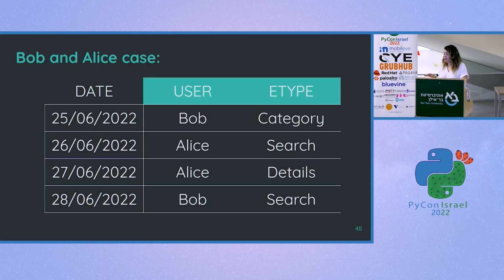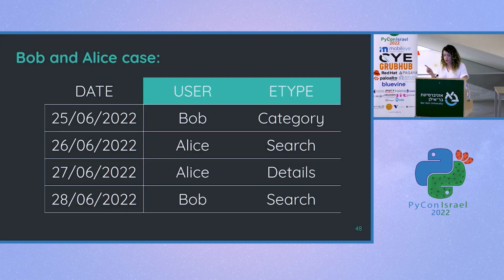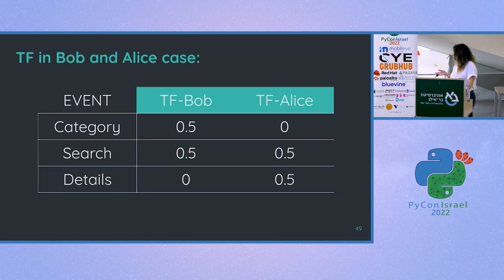And now we're going to go back to our event prediction and Bob and Alice. In our case, if you can see the events, we have a category just for Bob, a search for Bob and Alice, and details just for Alice. Here you can see the weight for each event for each user.